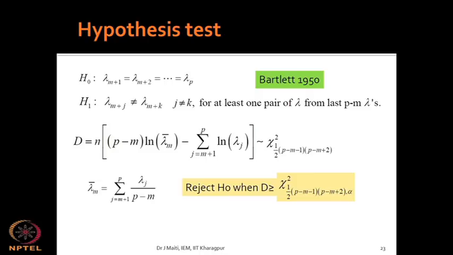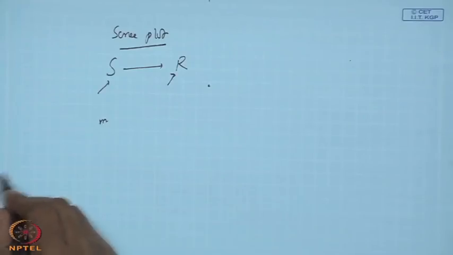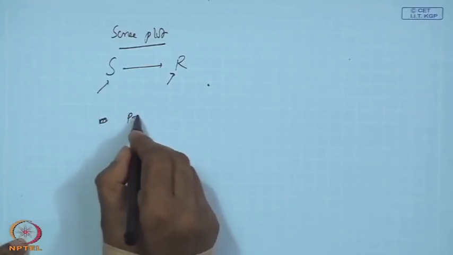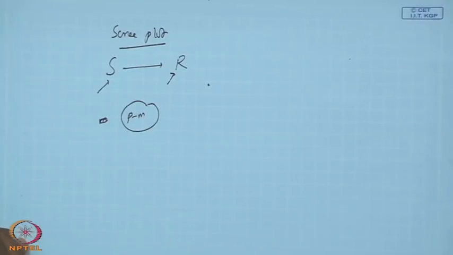Okay. Then the final one is, as I told you, the hypothesis test that Bartlett developed in 1950. Suppose by these traditional methods like the scree plot, broken stick and other things, out of p components you are keeping m components, or let's say p minus m components you are keeping.